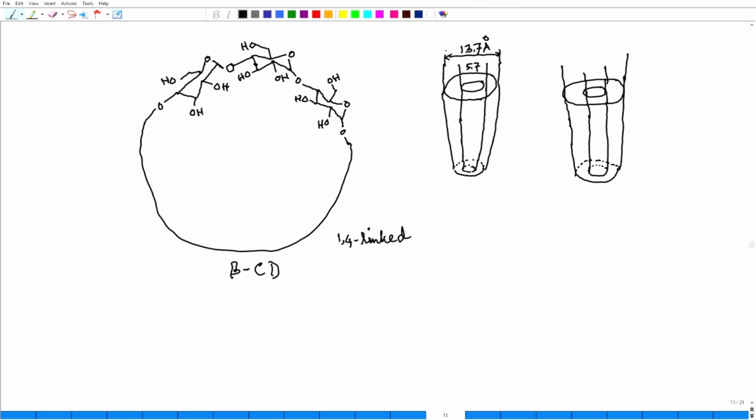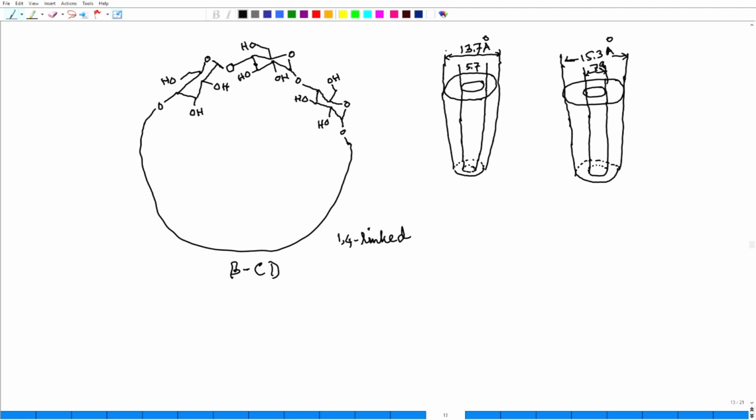Okay. So, another one is say 15.3 angstrom. These are all angstrom. I do not have space to write, and this is 7.8. 7.8 angstrom, this is 15.3 angstrom.